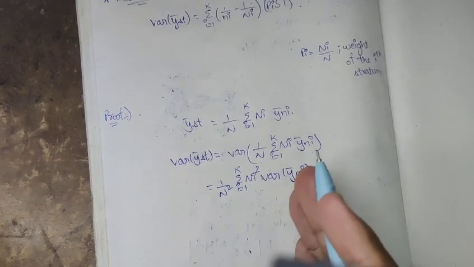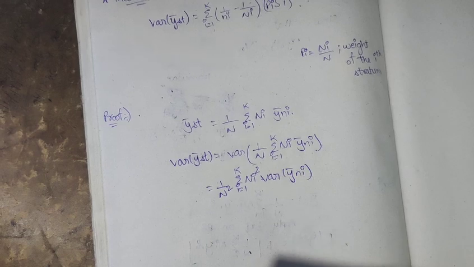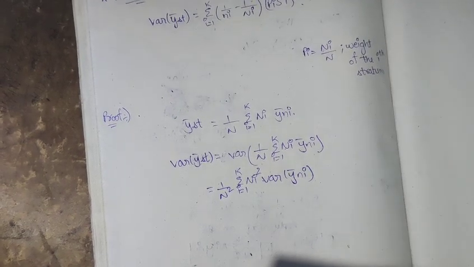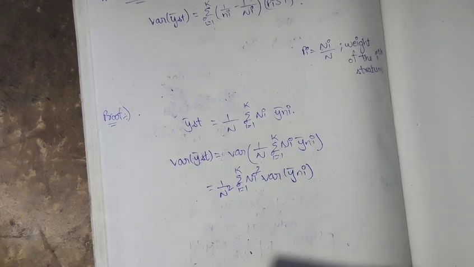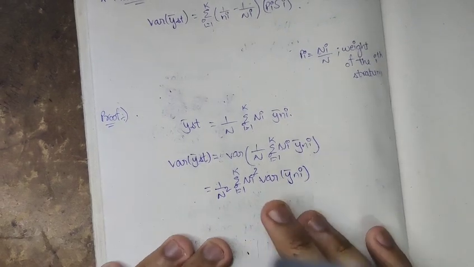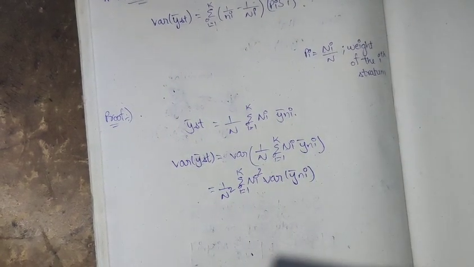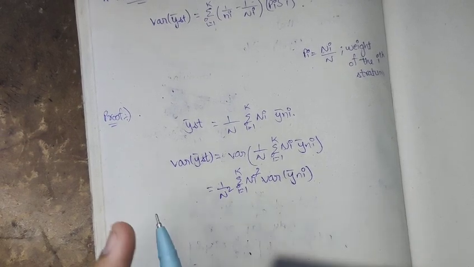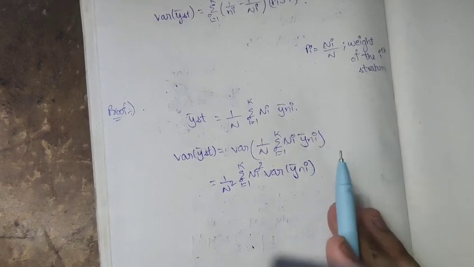Now, SRSWR is almost similar to stratified random sampling in some ways; basically they are equal in variance or whatever we may consider. So the variance of ȳ_i will be the same as the variance of ȳ_n from simple random sampling without replacement, not with replacement, without replacement.